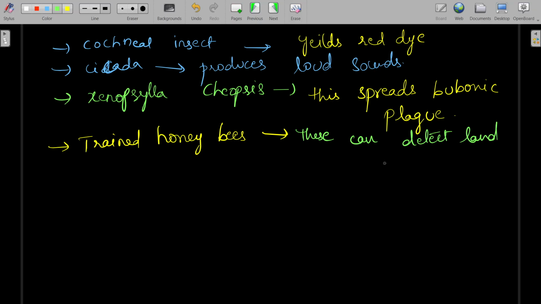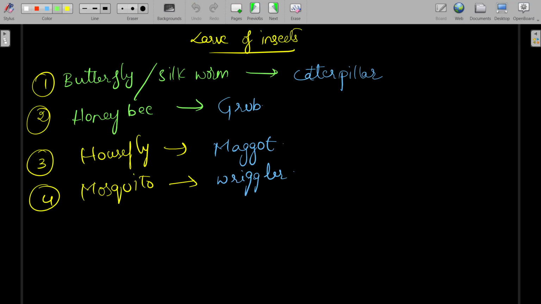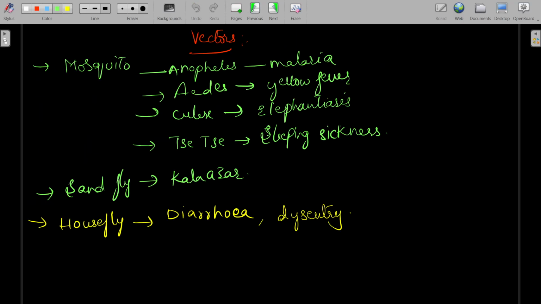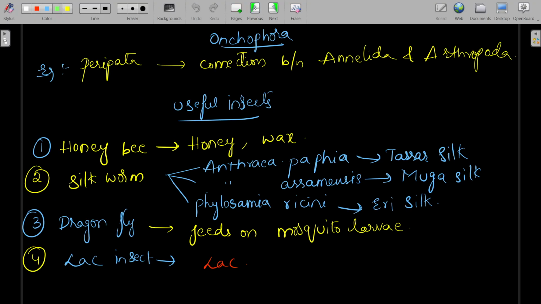Most important one. So trained honeybees can detect landmines. Okay. So these are some of the beneficial and disadvantageous insects of arthropods.